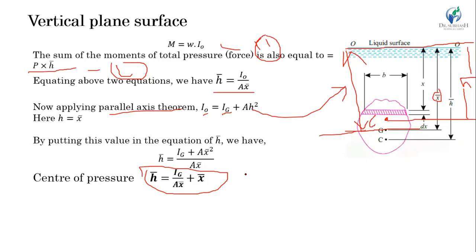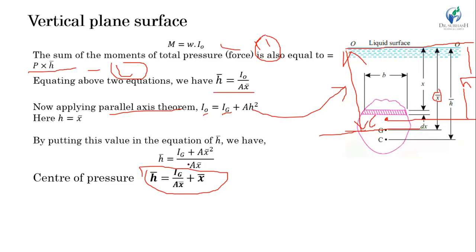So now the turn comes to decide which possibility is true. Either C may be above the CG or C may be below the CG. C is the center of application of force, or center of pressure. According to this equation, let's consider which will be true. Ig is the moment of inertia about the axis passing through the CG, so it is always positive.